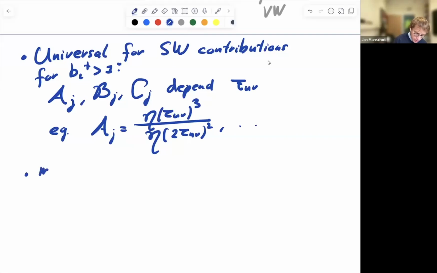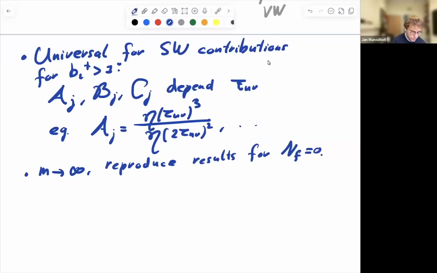We also mentioned that in the decoupling limit m to infinity, we reproduce results for N_f equals 0. Okay, any questions so far?